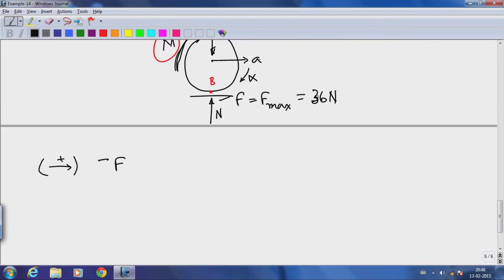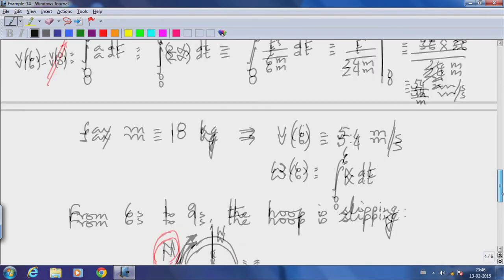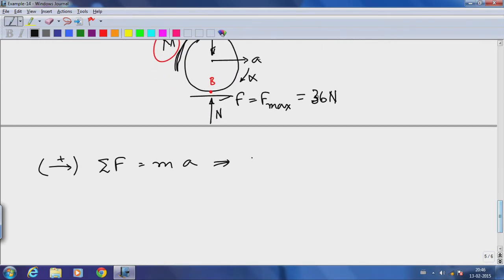Sum of forces equals mass times acceleration. I am going to assume m is 10 kg. So, if 36 Newton is the force acting, so A is 3.6 meters per second squared. This is the linear acceleration for the duration that the hoop is slipping at the point B.